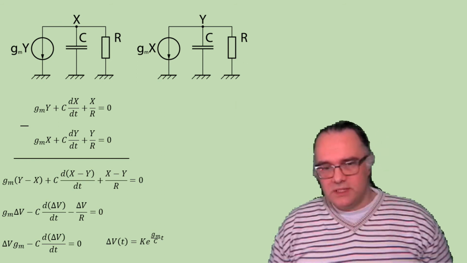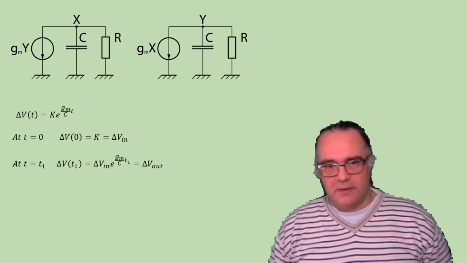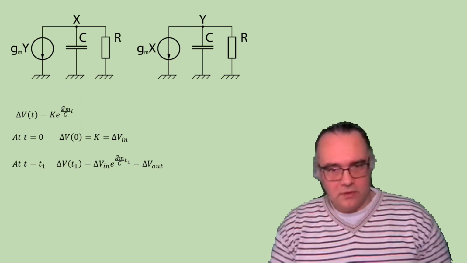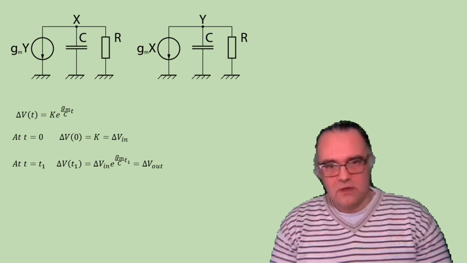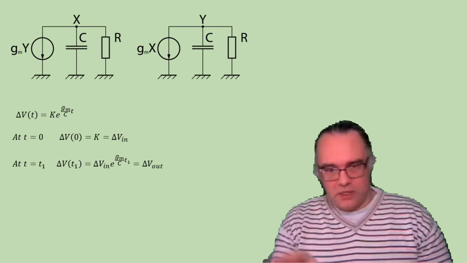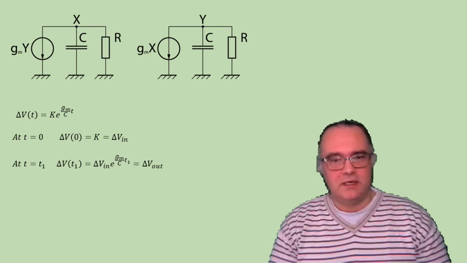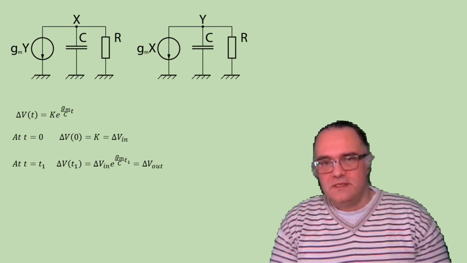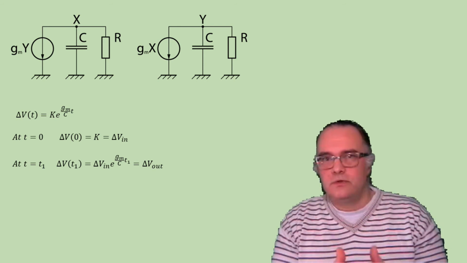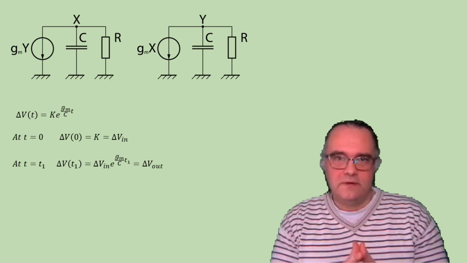Now, what is K? K can be derived from the boundary conditions. What we know is that at time 0, the exponential part will be 1, and then K will be simply delta V. And this is actually the input voltage of the comparator, delta V in.